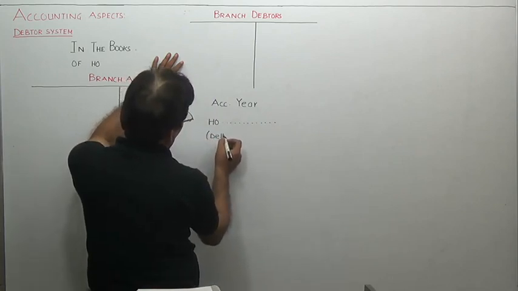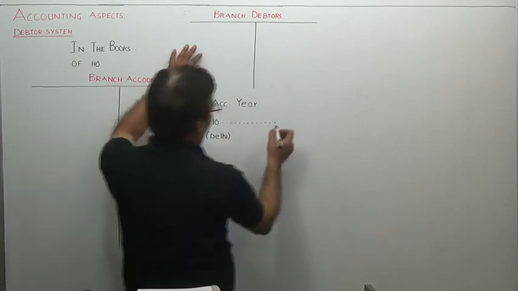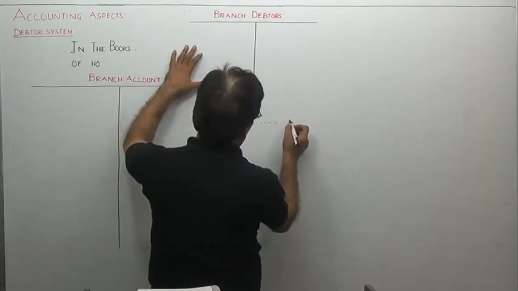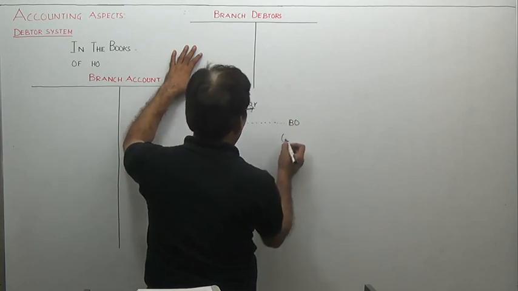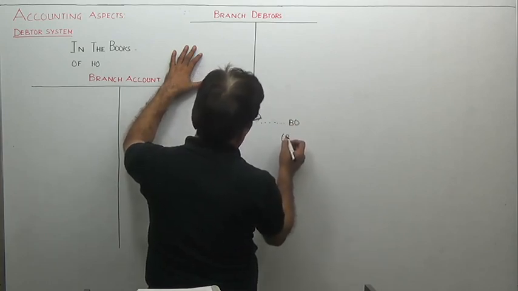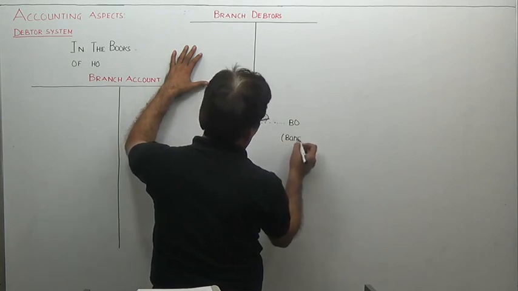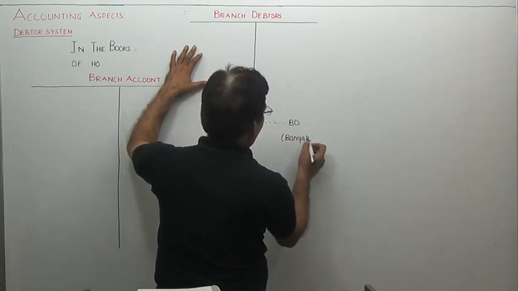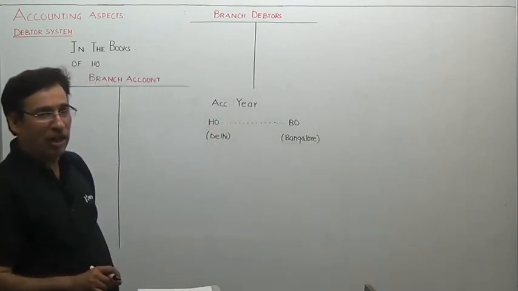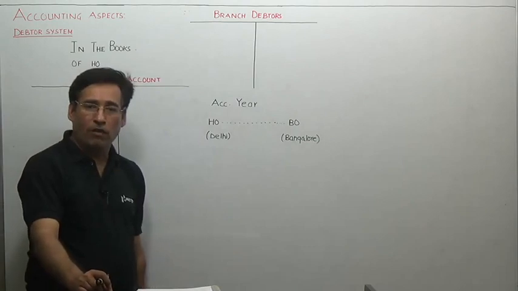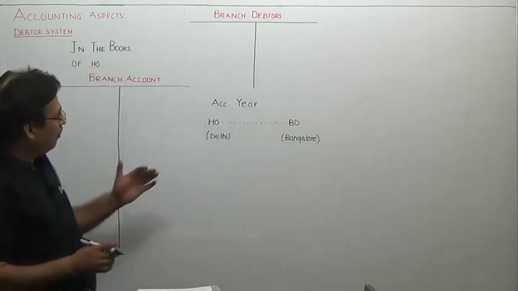We further presume that the branch office is located quite far away, say in Bangalore or Bengaluru, whatever you may like to write. It's quite a distance from head office, which is in Delhi. Now we see how the accounting is done.